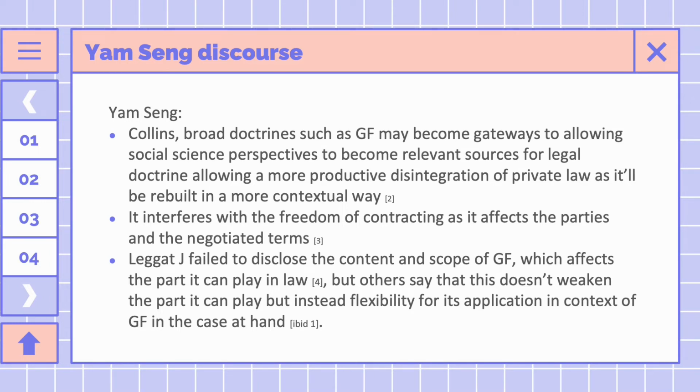Additionally, the Leggatt judgment didn't disclose the content of what good faith would be, or the scope of what good faith would be or should be, which affects what part it can play in law.